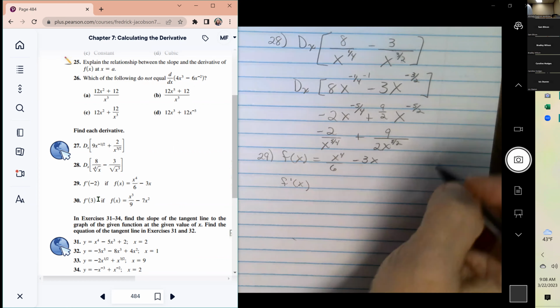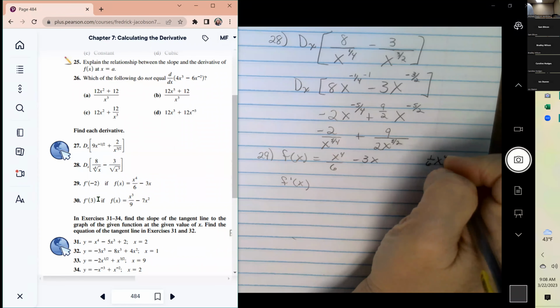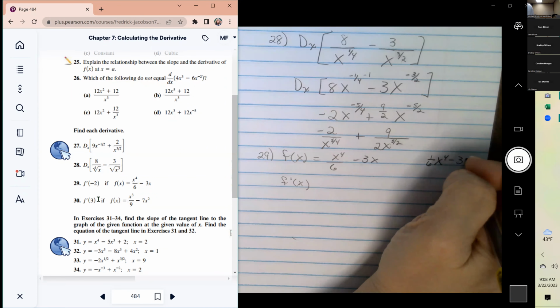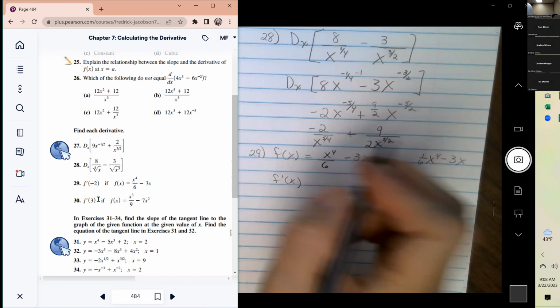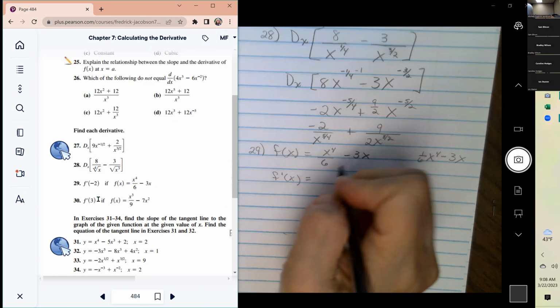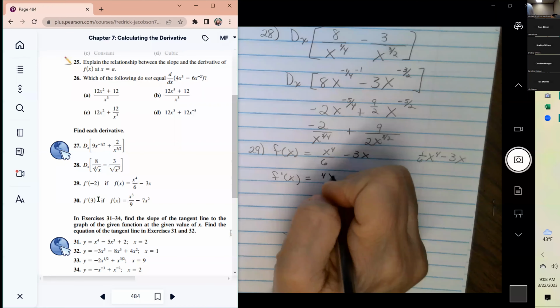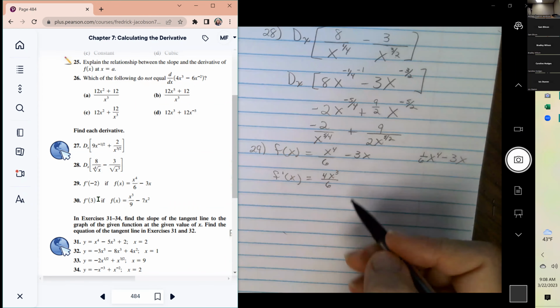X to the 4th over 6, you could also write it as 1/6 x to the 4th if you wanted. My math lab will want everything reduced. For instance, this is the same as 4x cubed over 6, or 4/6, but 4/6 can be reduced.